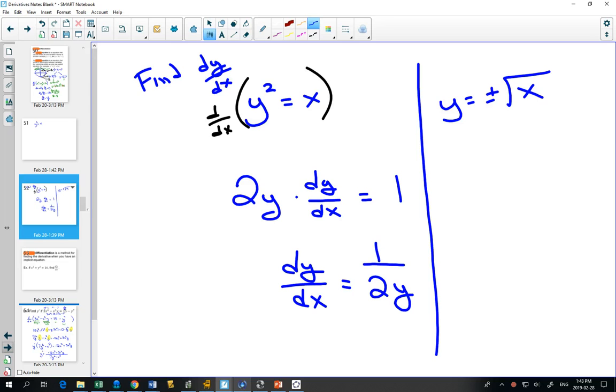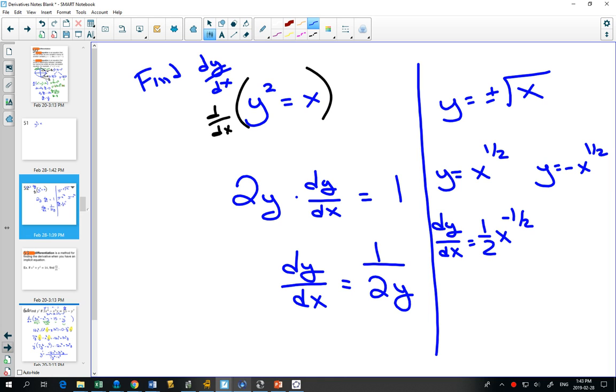So one of the equations is x to the 1/2. The other equation would be negative x to the 1/2. Could you find the derivative of x to the 1/2? Yes. dy/dx is 1/2 x to the minus 1/2. What does that mean? What does that look like? That looks like 1 over 2 times the square root of x.